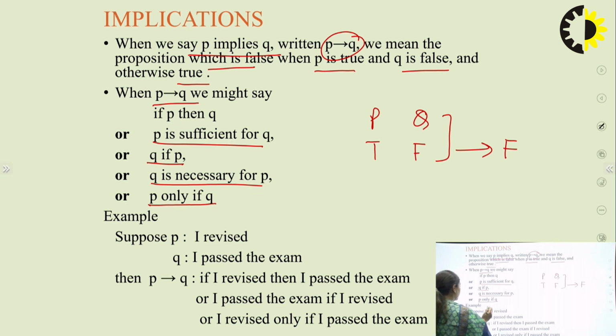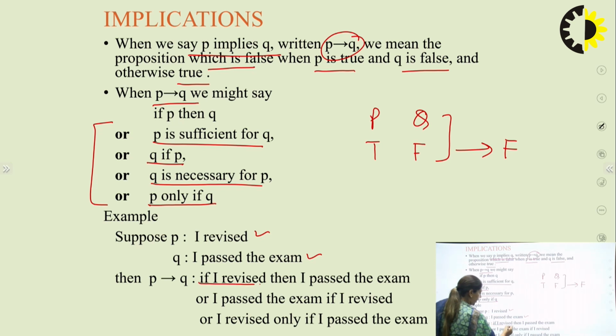Now, let's take one example. Suppose P is I revised, right? And Q is I passed the exam, right? And if we have to write these types in a sentence form or a proposition form, how will we be writing?